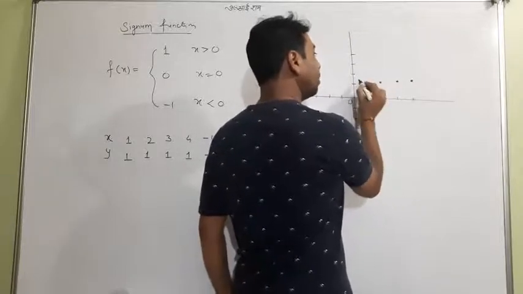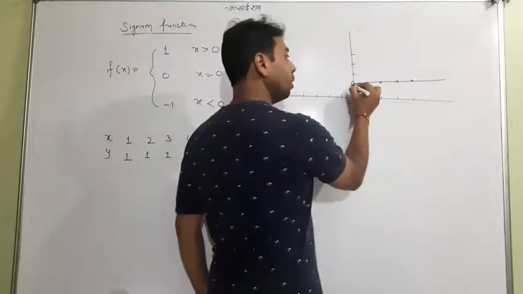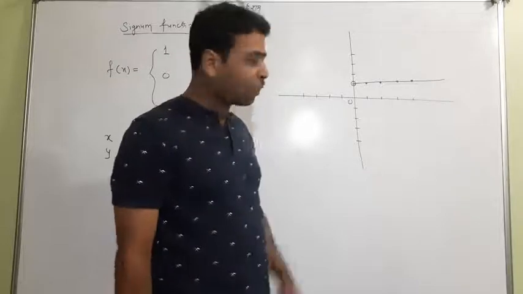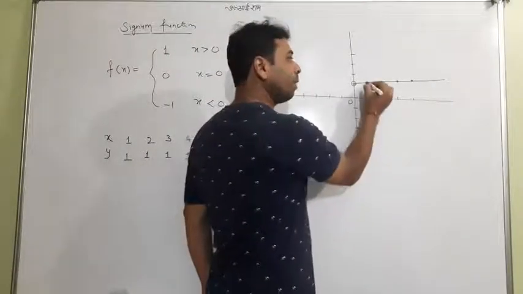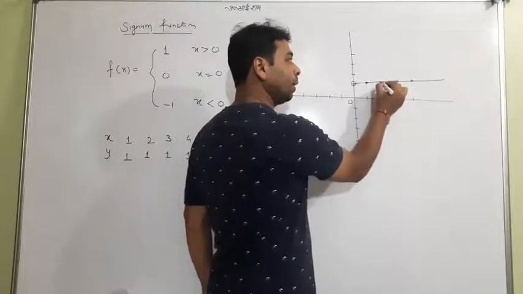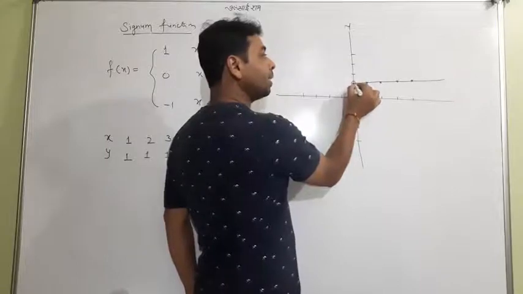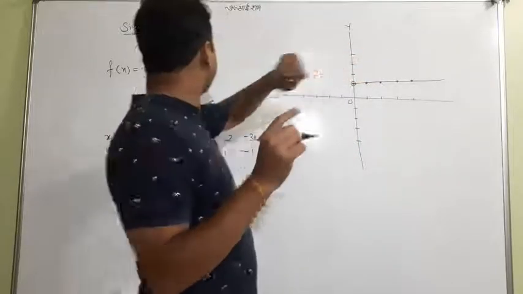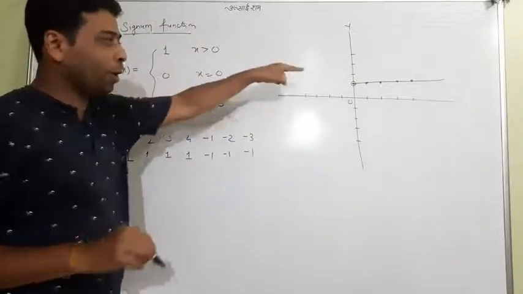But very interesting, when you make the picture like that, this point will be excluded. So you are still thinking, why exclude that? I tell you one thing. For x equal to 1, y equal to 1. X equal to 2, y equal to 1. But at this particular point, x is 0, and for x equal to 0, y is also 0, so this is not a point on that line.